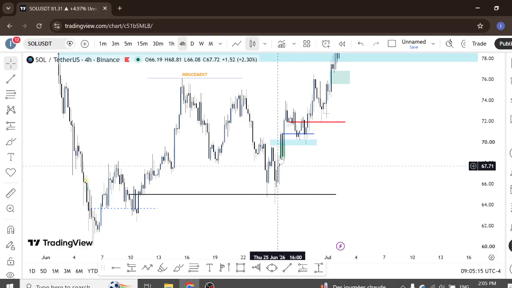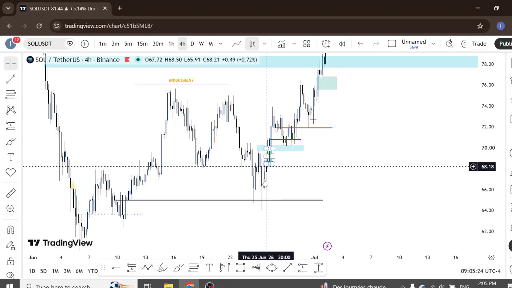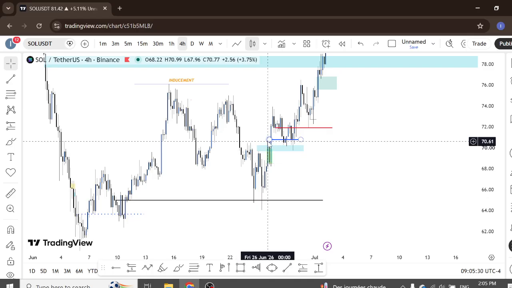Once I noticed that it broke through that high again, I didn't jump in there, no, because there was no fair value gap there, but it gave me the confirmation because that high has a fair value gap and it was broken there.